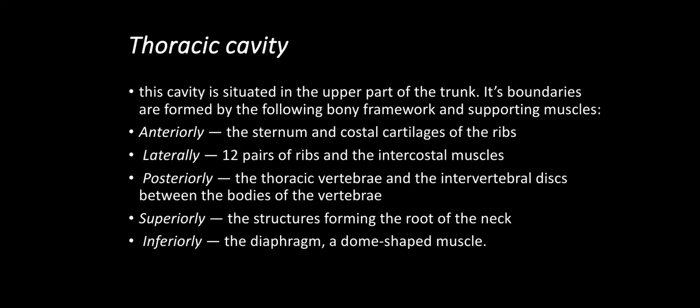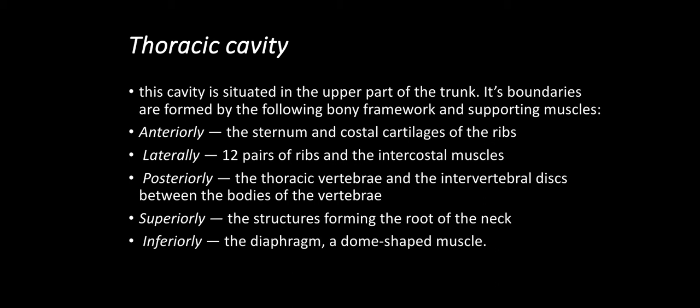Then the thoracic cavity. This cavity is situated in the upper part of the trunk. Its boundaries are formed by the following bony framework and supporting muscles. So anteriorly in front, the sternum, the costal cartilages of the ribs. Laterally, 12 pairs of ribs and the intercostal muscles. We said laterally is further from the midline.